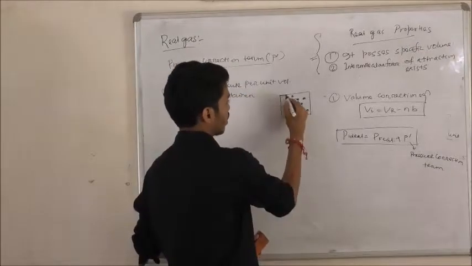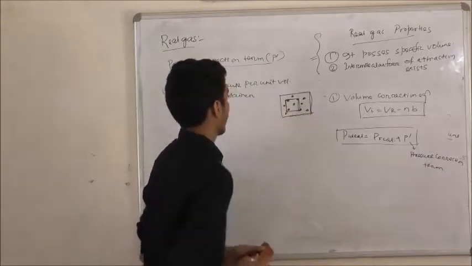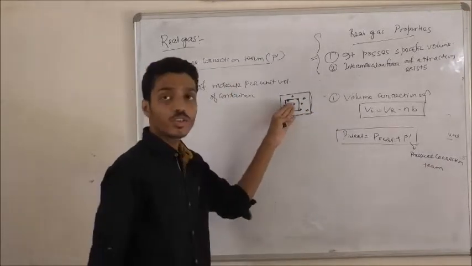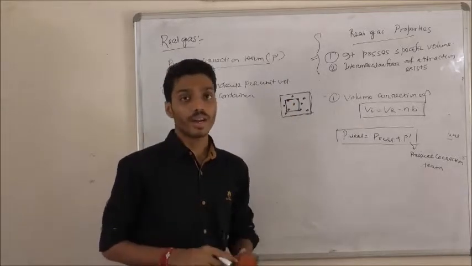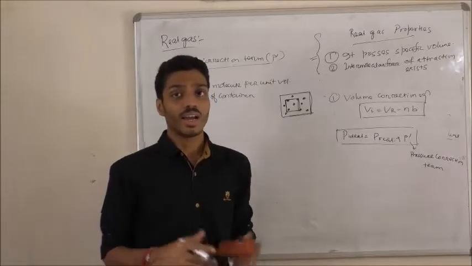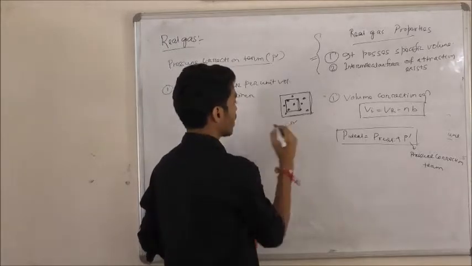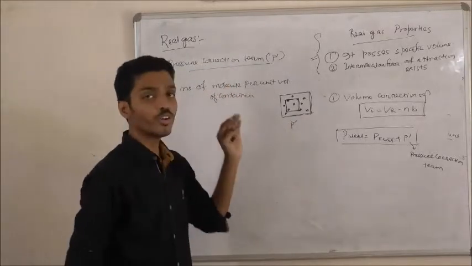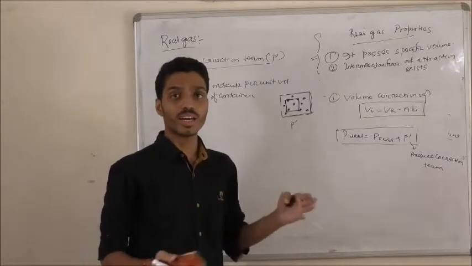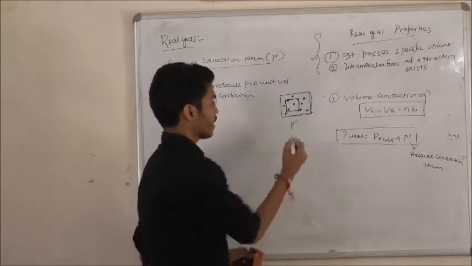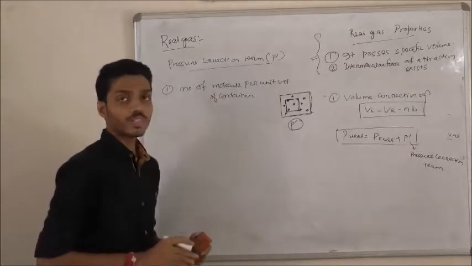If in this unit volume the number of molecules is increased, then what will happen? The attraction force will again increase, and it indicates that pressure will decrease. That means P dash depends upon the number of molecules per unit volume, because if the number of molecules increases, we get a greater inward attraction force. As a result, P dash is changing. So this is the first factor on which P dash depends.